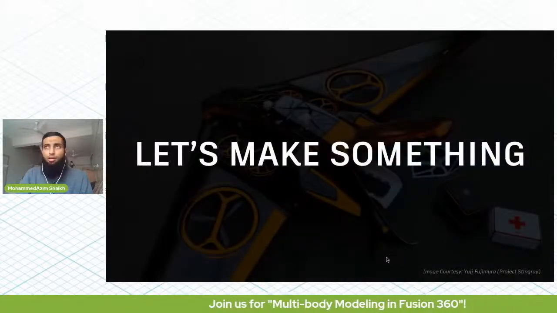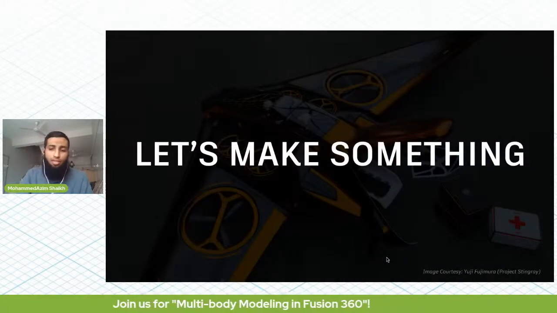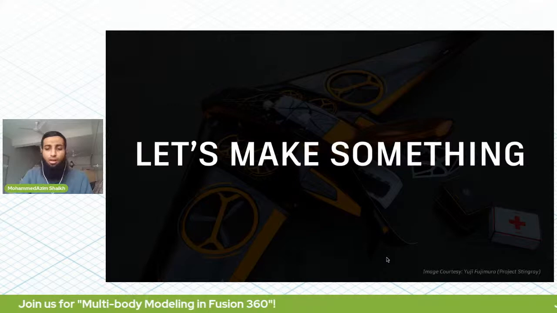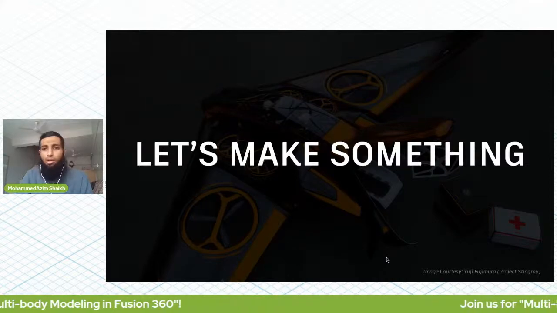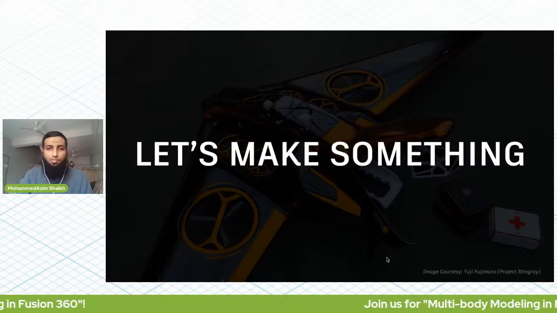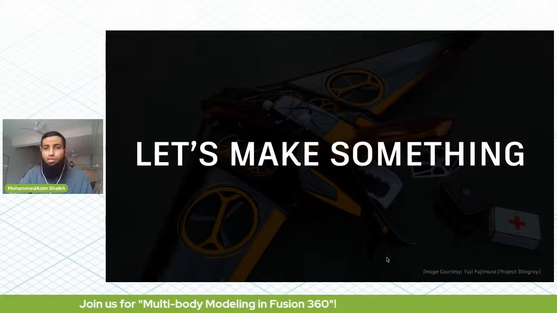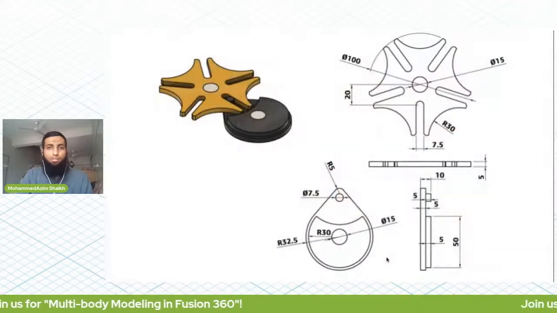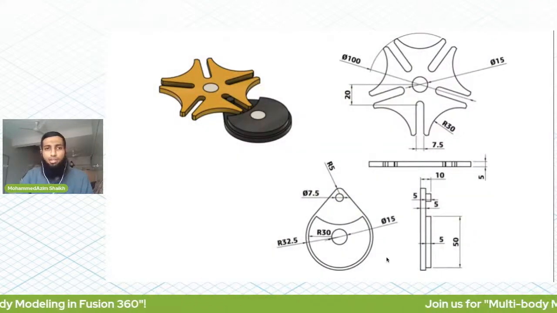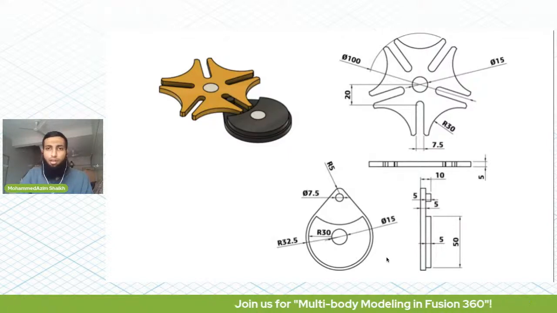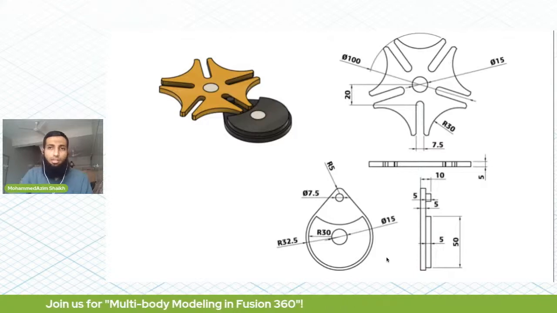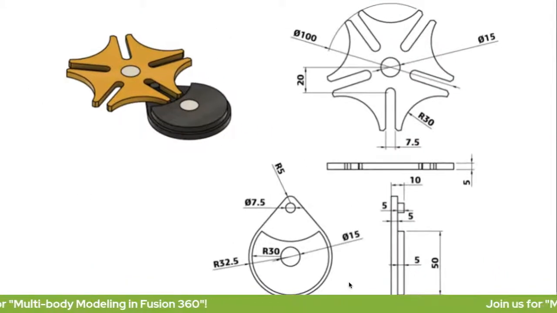First of all, for this session, we are focusing on multi-body modeling in Fusion 360. So we would like to build one design and assembly within the Fusion 360 workspace. I would like to start this session with the Geneva mechanism. As you can see on screen, I have taken this part for the demonstration.